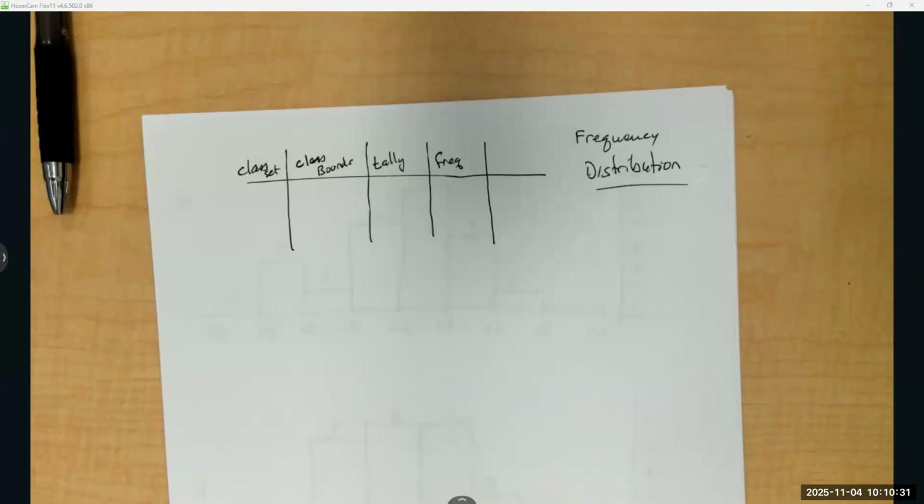So what is the purpose of a frequency distribution? You're getting close. Not really groups. Because you want to break it down into frequencies.